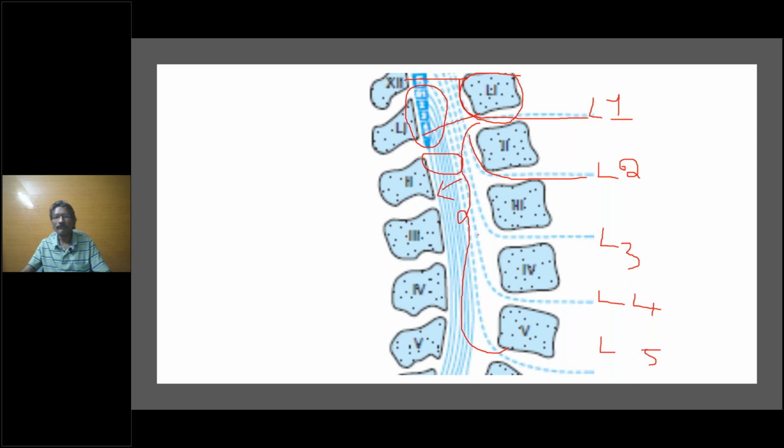Okay. But if you look below this, you look at L5, L4, it is part of the bunch. Okay, I marked it. It is part of the bunch. So what we see is the entire bunch. So the bunch starts from L4, L5, and then automatically all the sacral fibers will come.